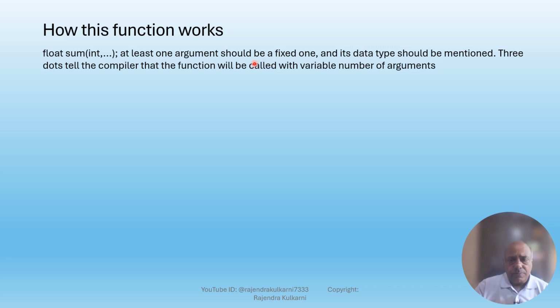This is a rule: when we want to call a variable argument function, at least the first argument should be a fixed argument. Its data type has to be mentioned in the prototype. The three dots tell the compiler that the function will be called with a variable number of arguments.